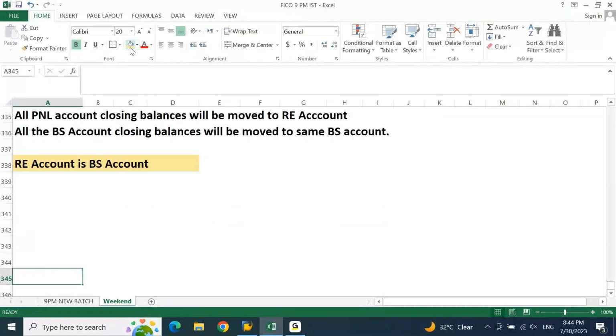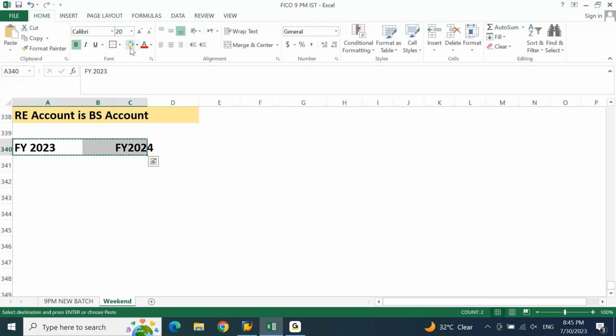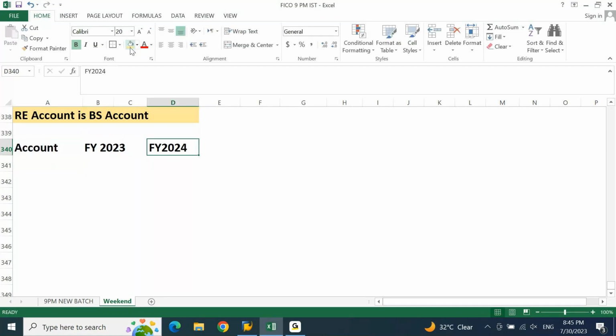Is this correct? Correct. Now, based on the above statement, for the balance sheet account, current year closing balance will become next year opening balance. Let's say I'll put 2023, 2024. Account year 2023, year 2024.